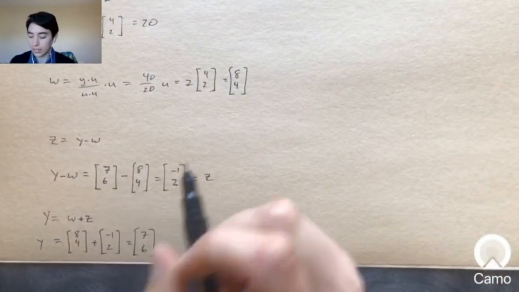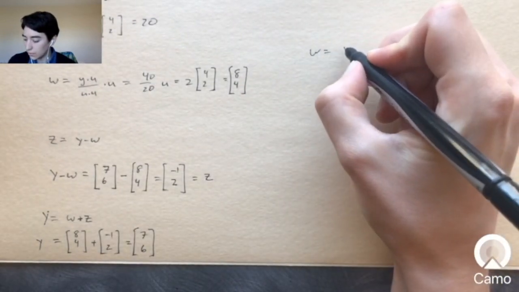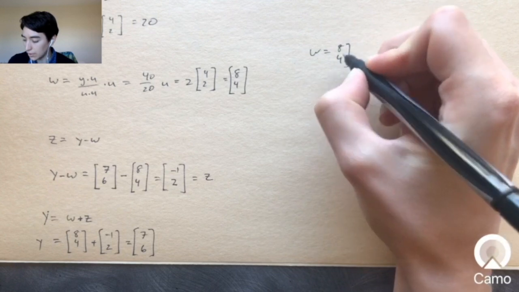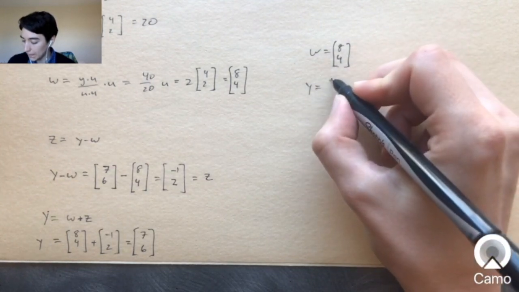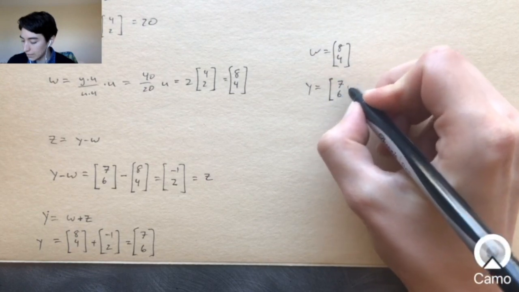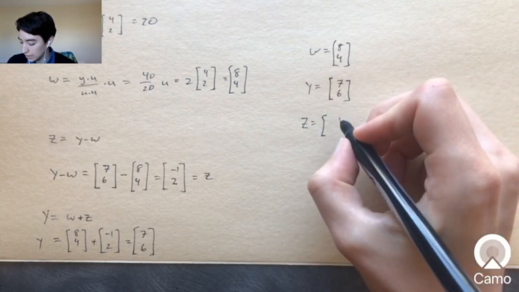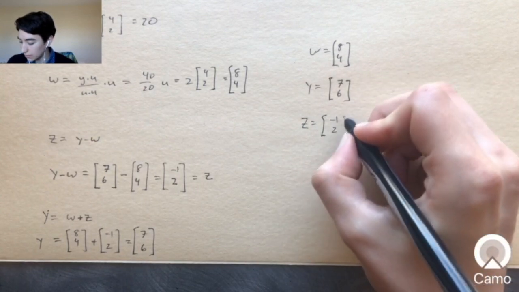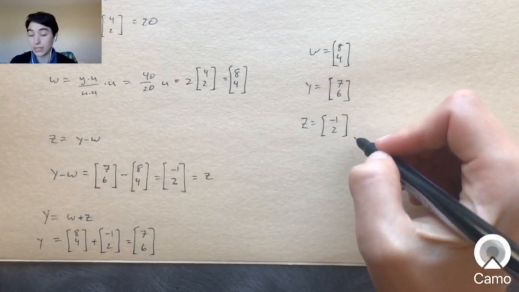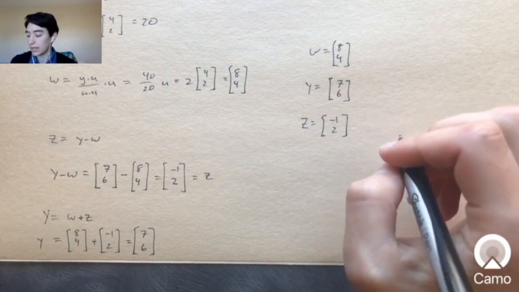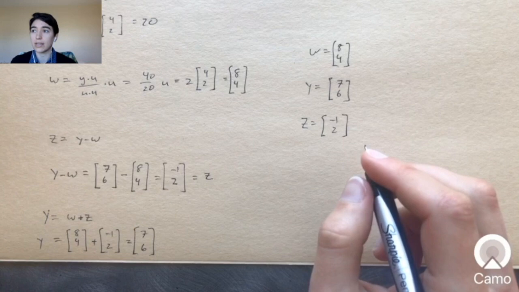Let's put w is equal to 8, 4, y is equal to 7, 6, and z is equal to -1, 2. We want to know if w and z are orthogonal to each other.